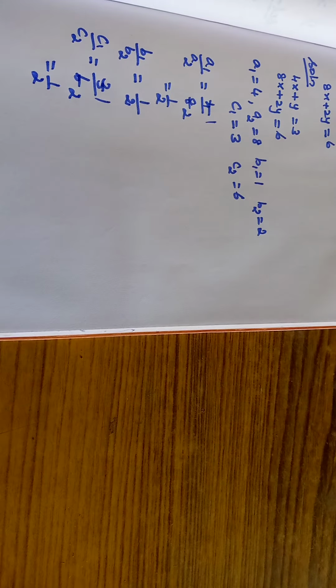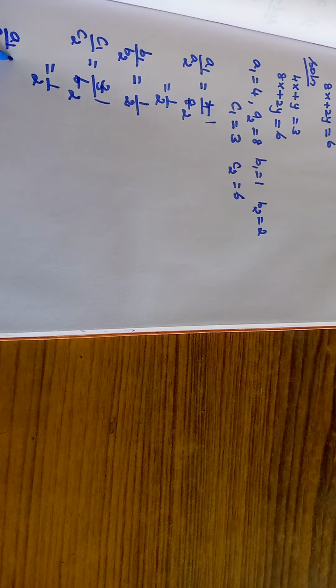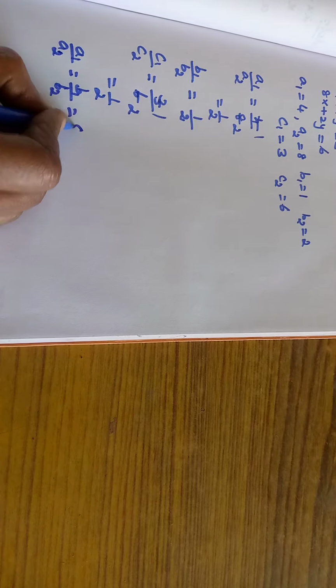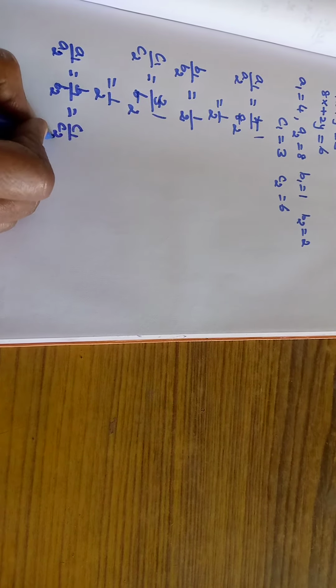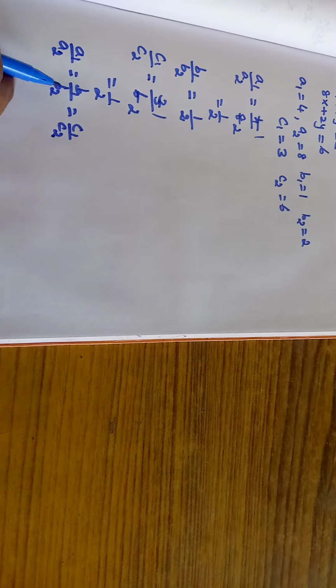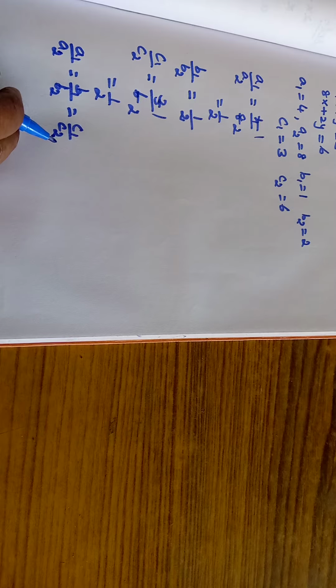So we can write a1 by a2 is equal to b1 by b2 is equal to c1 by c2. Therefore, what is the condition here? a1 by a2 equal to b1 by b2 equal to c1 by c2 means it has an infinite number of solutions.